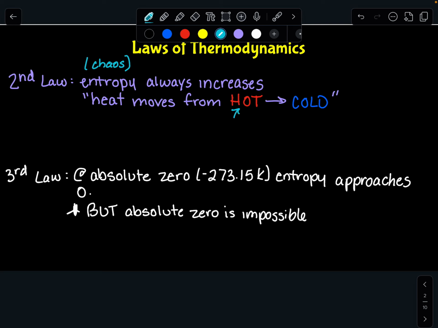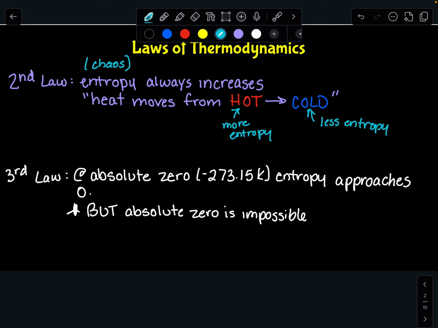So, because things want to reach stability, those hot objects which have more entropy are going to move their heat to the cold objects, which have less entropy.